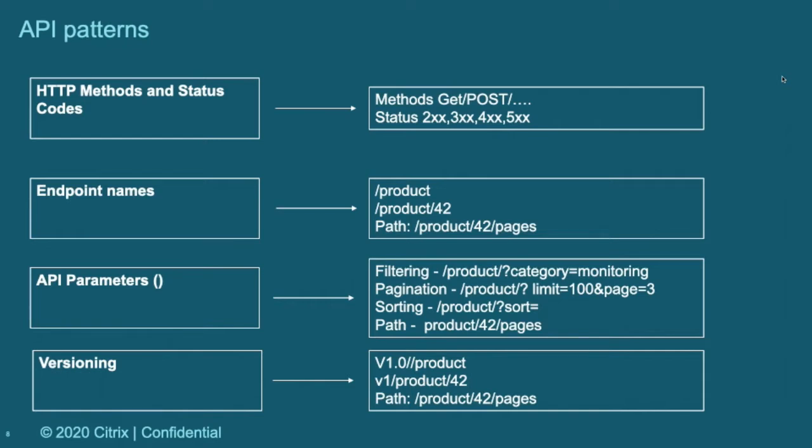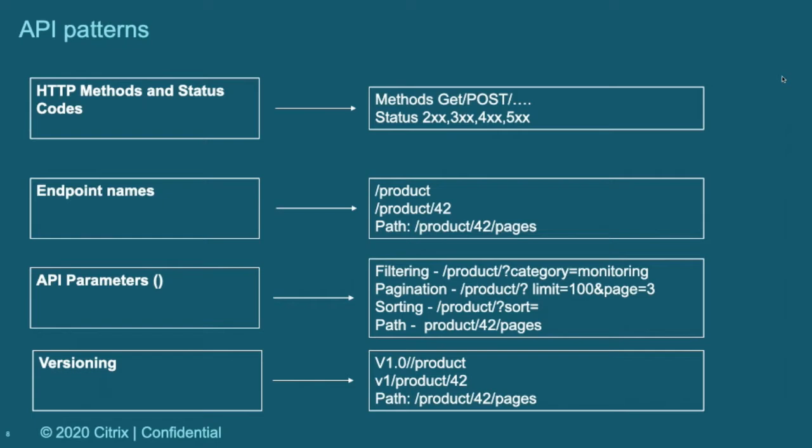Basically, these are verbs, and it will have certain status codes defined, like 2xx, 3xx, 4xx, etc. And then you have endpoint names in a certain format. For example, /product is an endpoint name, and /product/42 is an endpoint name, and you call that a resource path. And then you have API parameters.